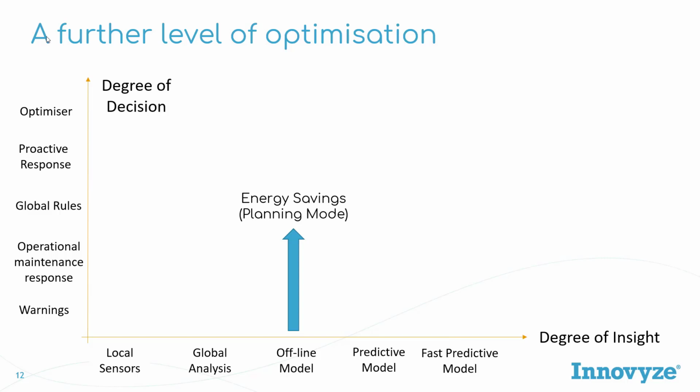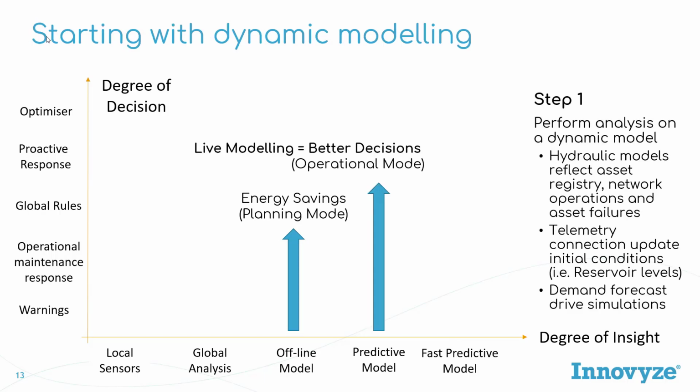So the optimization of the system using a static model is only good as we want to describe global rules. Our final goal should be to deploy an optimizer which is capable of prescribing control based on the real condition on the network. So the first step for achieving that is to move from static to dynamic modeling technique.